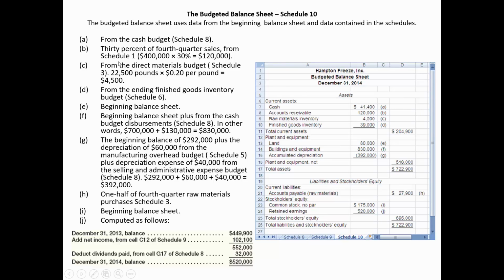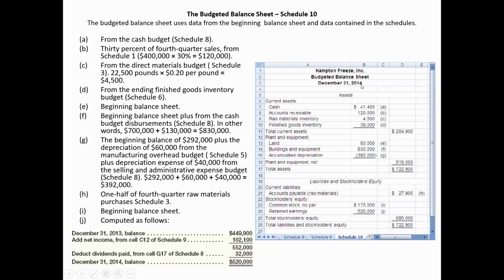30% of the fourth quarter sales from Schedule 1, 400,000 times 30% equals 120,000. That's our accounts receivable. That will be what we're expecting to collect in 2015. So it will be 30%. Remember, we're collecting 70% in the fourth quarter, so 30% of the fourth quarter sales won't be collected until the upcoming year. So that's why it's the ending balance of accounts receivable for the upcoming year.